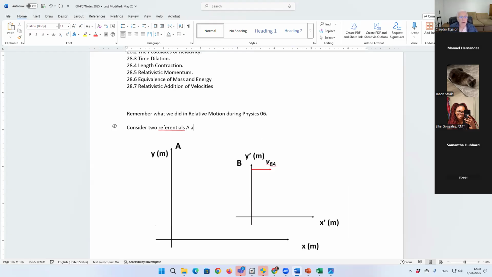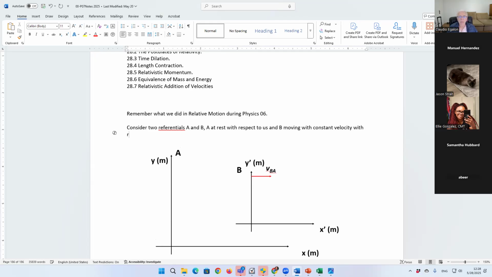Consider two referentials A and B, A at rest with respect to us, and B moving with constant velocity with respect to A.